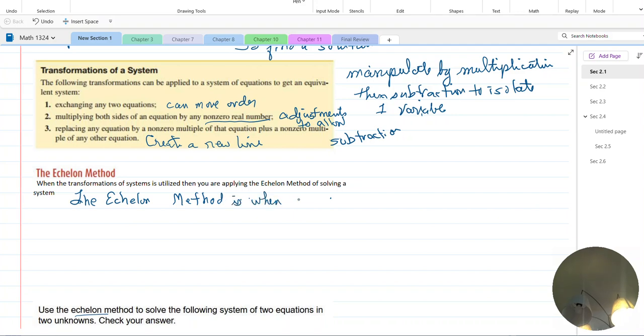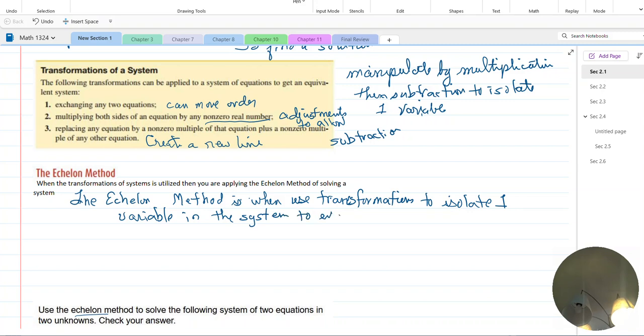And it is when we use transformations to isolate one variable in the system, to evaluate the type of solution possible.